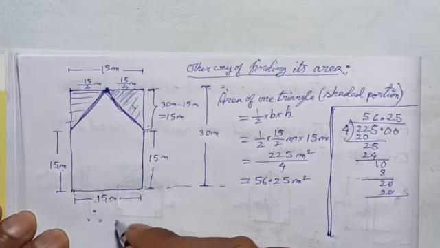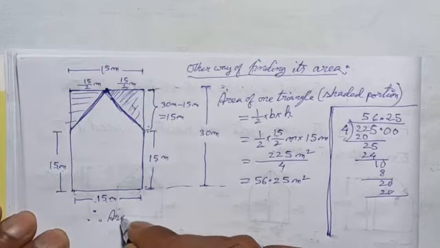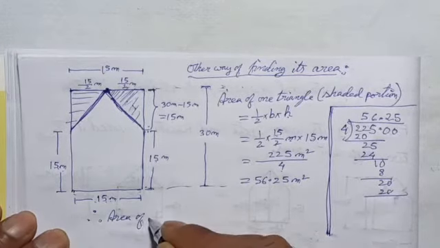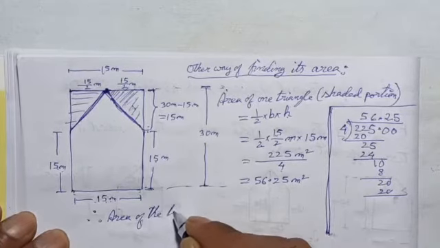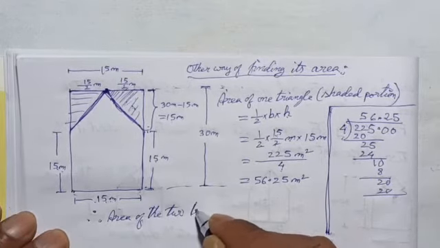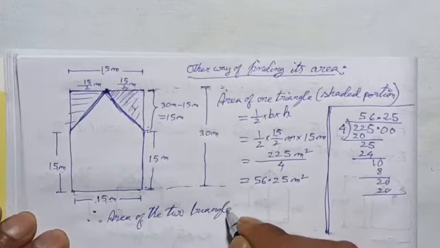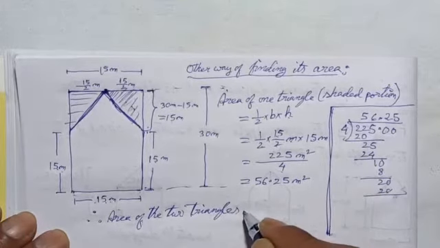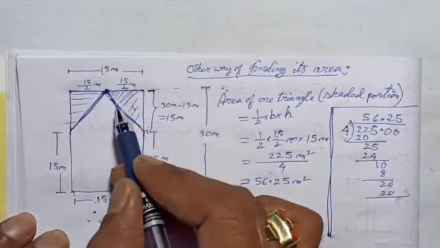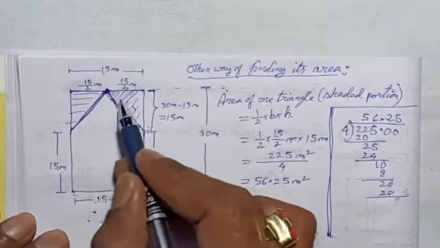Therefore, area of the two triangles. The area of these two triangles will be equal.